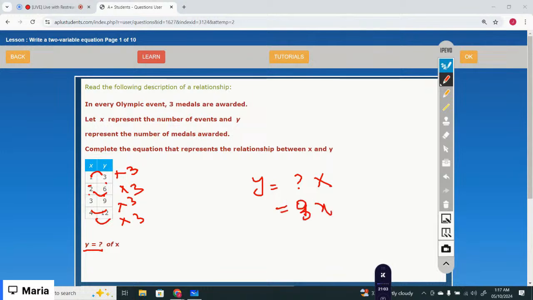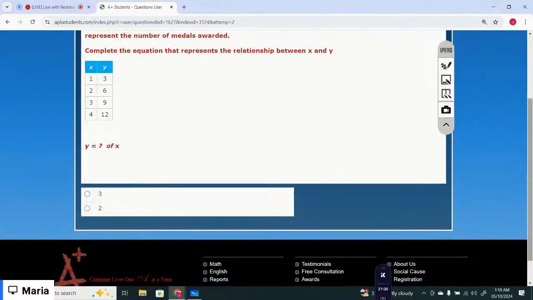The correct option is, so that is y equals 3x, the missing value is 3. It would be 3. Got it?